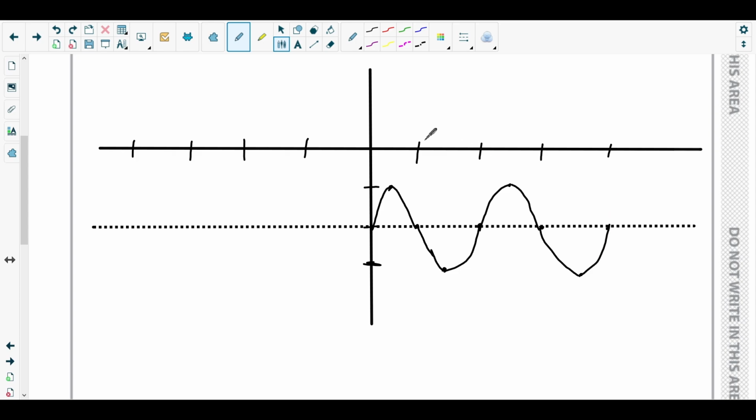So this is pi over 2 radian, this is pi radian, this is 3 pi over 2 radian, this is 2 pi radian. Okay, the same goes for the negative x-axis, so it will be negative 1, then 0. A complete period should be between 0 and negative pi radian, like that.